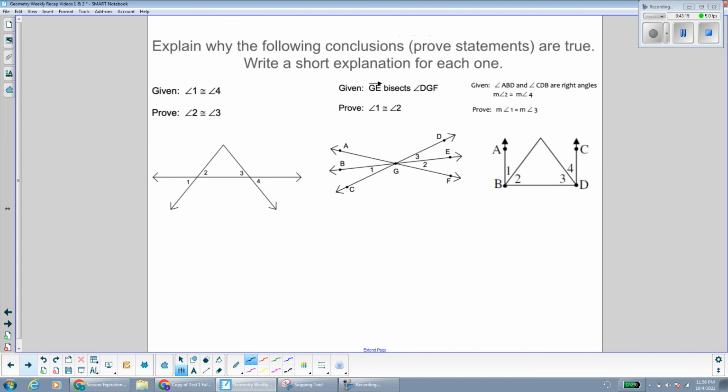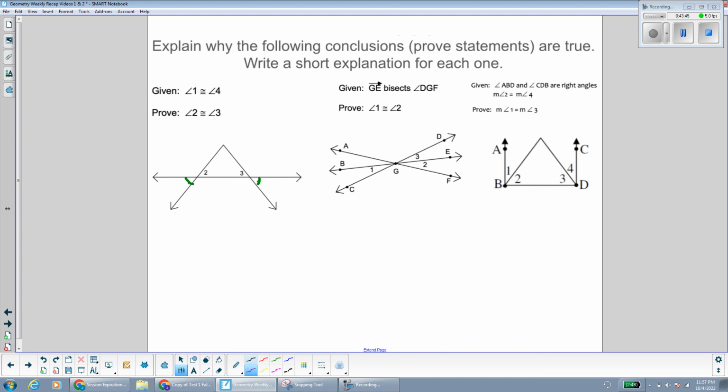Let's take a look at the following examples and let's try to write down why each one is true. In the first example, we're given that angle 1 is congruent to angle 4. And we need to prove that angle 2 is congruent to angle 3.